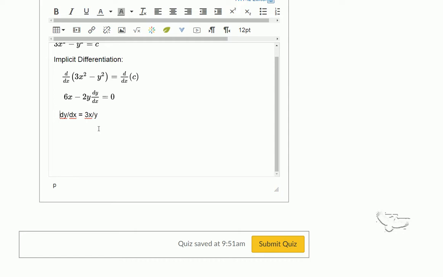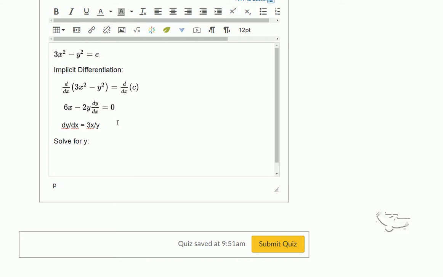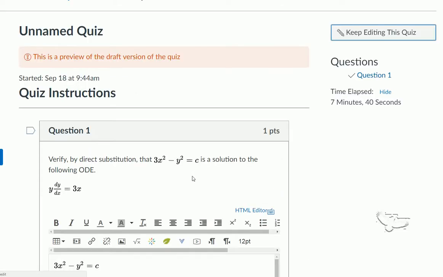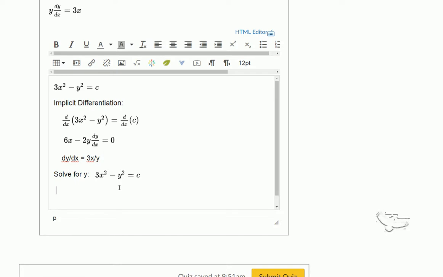I need to know what y is. So I'm going to solve for y. I'm going to take this first equation, and to solve for y, I'm going to bring the y squared over and the c over so that I have 3x squared minus c equals y squared.